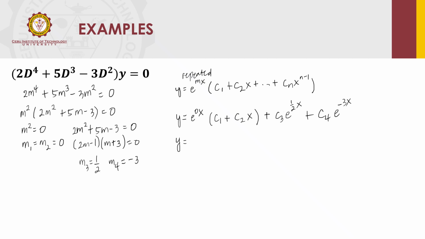Anyway, it's the same value. So e to the 0x is just 1. So to simplify our answer, it's c sub 1 plus c sub 2 times x plus c sub 3 e to the power of 1/2 x plus c sub 4 e to the power of negative 3x.